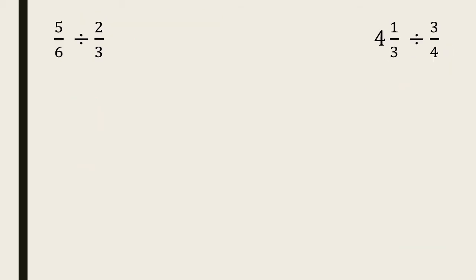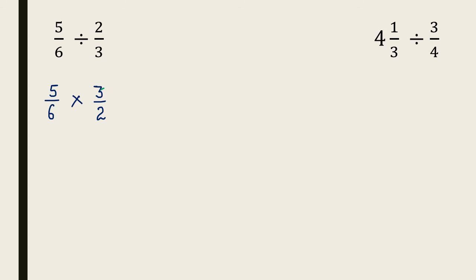Next question is 5 upon 6 divided by 2 upon 3. So write 5 by 6 as it is and find the reciprocal of 2 upon 3, which will be equal to 3 upon 2. Now put multiplication sign between both the fractions. You can see that here 3 and 6 both are divisible by 3.